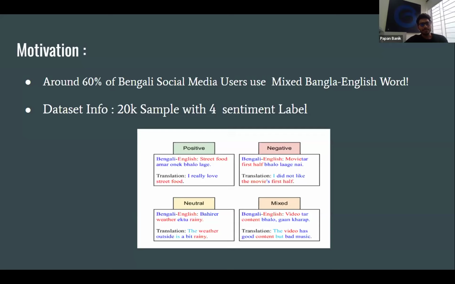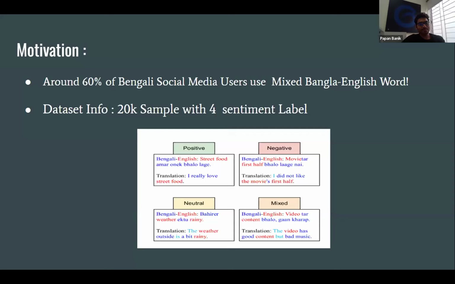Here I use a dataset of 20,000 samples with 4 class labels. I would like to give some basic information about my dataset and mention some samples. Like street food, Bengali English. In Bengali, we say "street food আমার খুব অনেক ভালো লাগে".